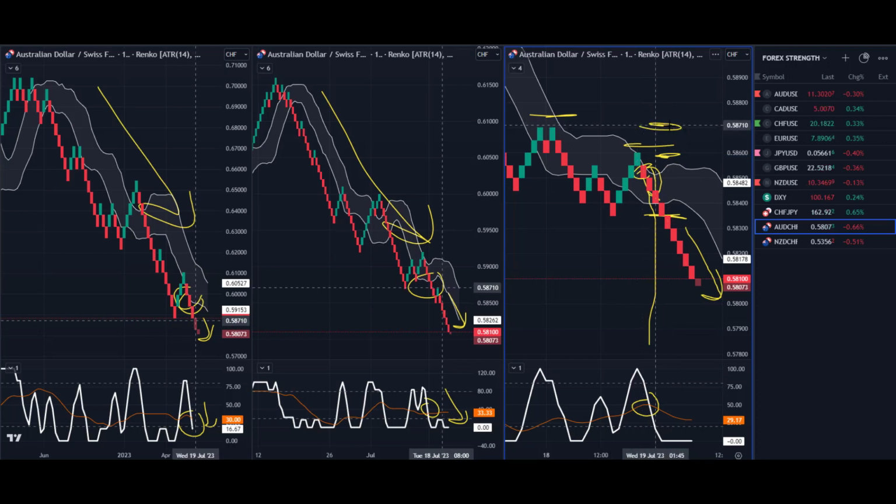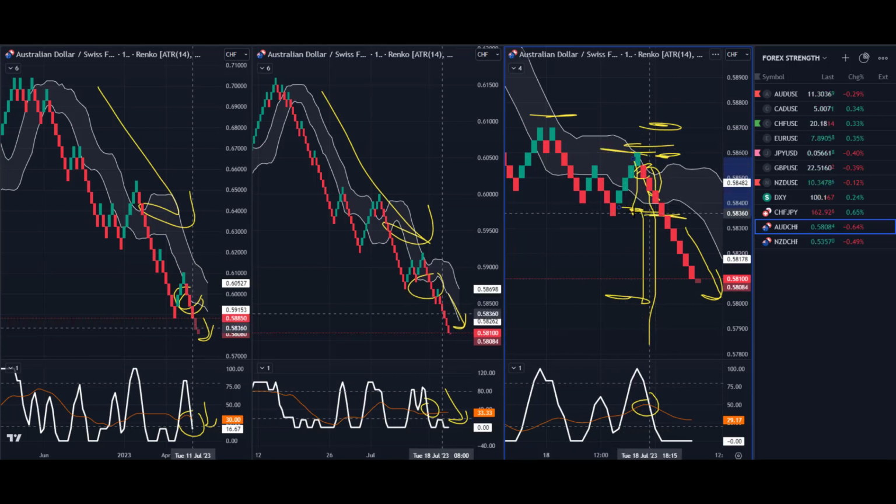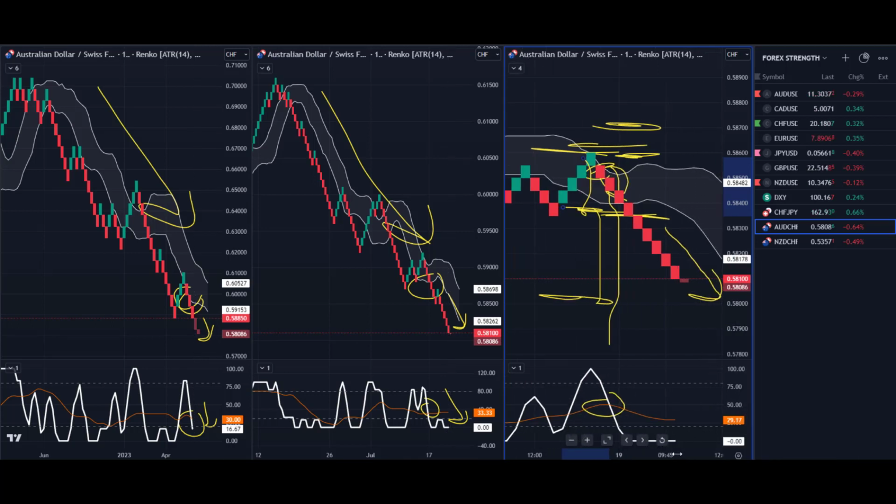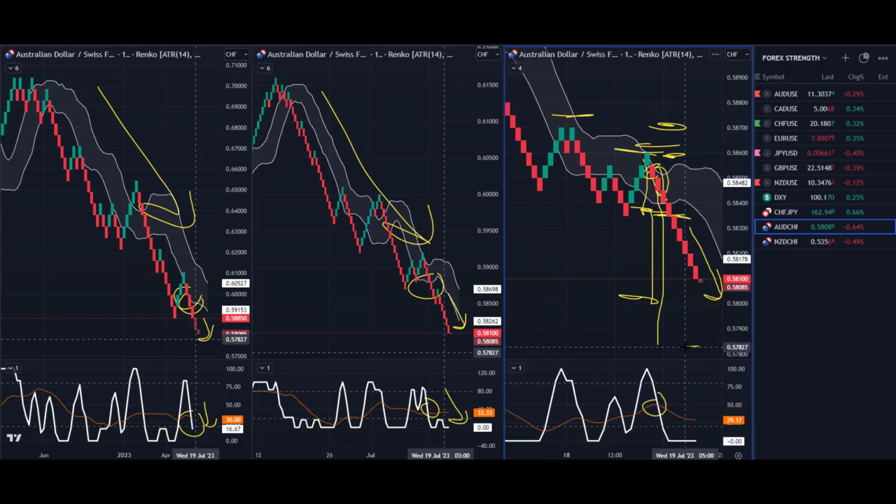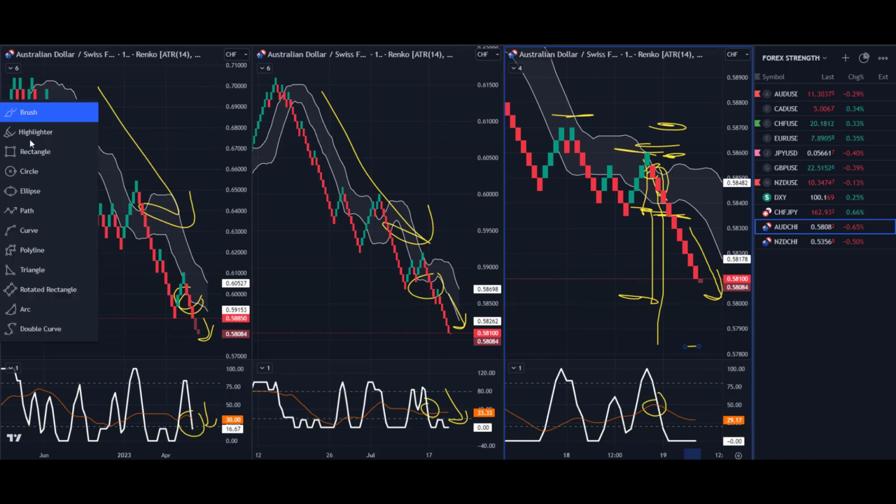You might have a stop here or whatever, and you can go for a fixed risk return, maybe a risk 1.5 to 1 risk return, or you might use just the variables of the actual tool itself.